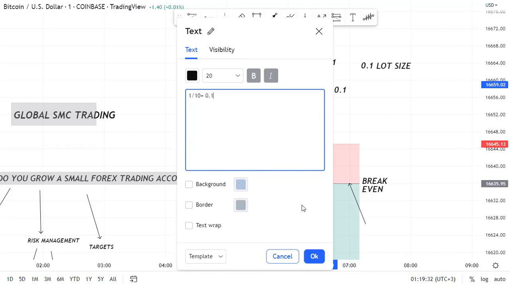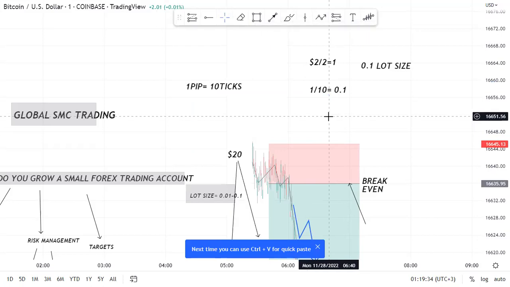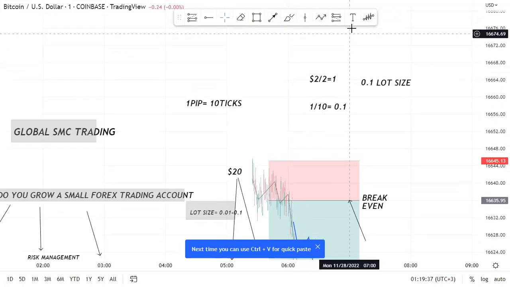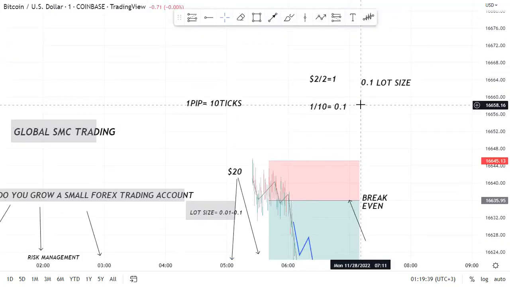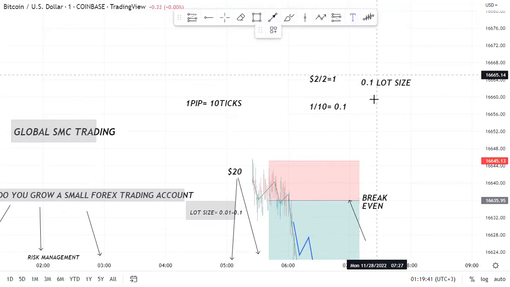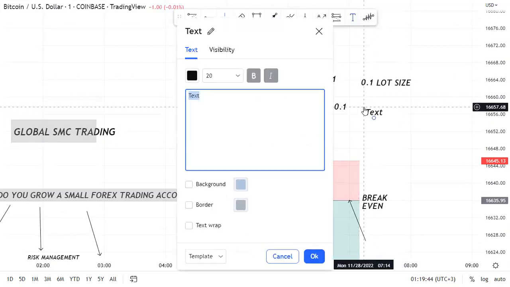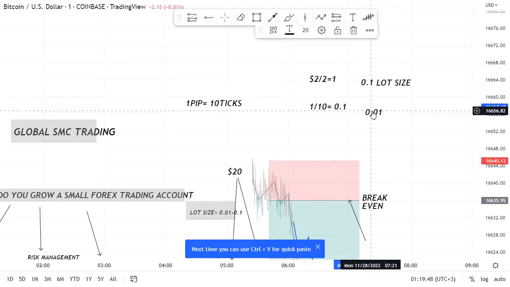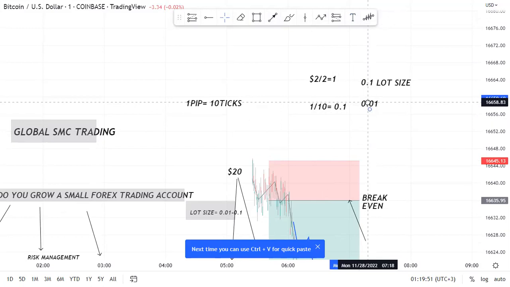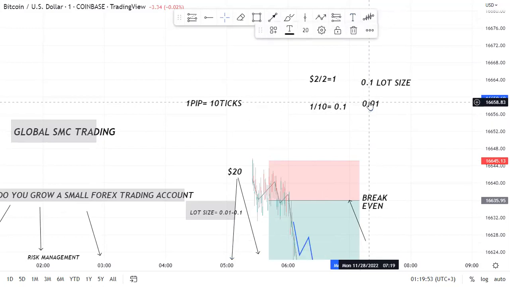After getting 0.1, you move your decimal to the right by one step, which becomes 0.01. So it means you'll be using 0.01 lot sizes.